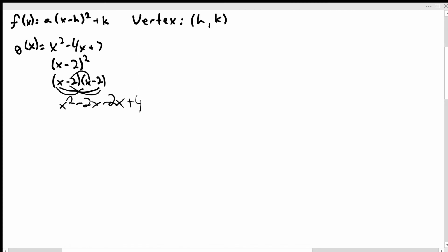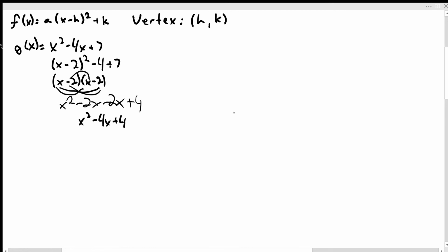So we can see this will simplify down to x squared minus 4x plus 4, which is not exactly what we started with. We want it to be equivalent to x squared minus 4x. So how we compensate for this plus 4 right here is we subtract a 4. And then last of all, we still have our plus 7.